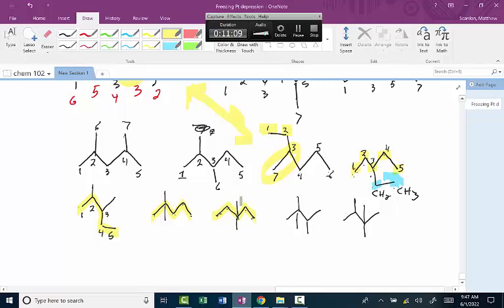I got two groups coming off my third carbon. 1, 2, 3, 4. I got two groups coming off my second, one off the third, and then 1, 2, 3, 4. This is the same molecule. These two are the same.